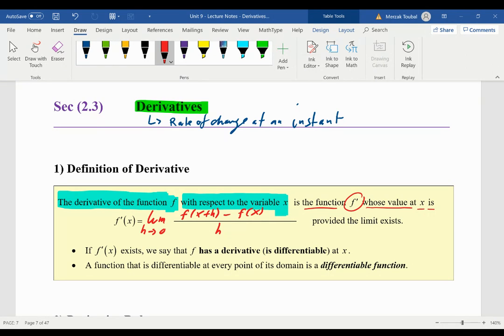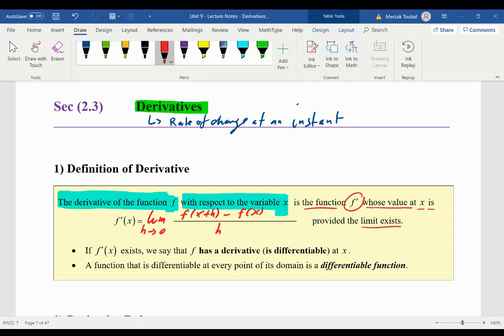Now, we have to assume that this works as long as the limit exists. The limit must exist for the instantaneous rate of change to exist.